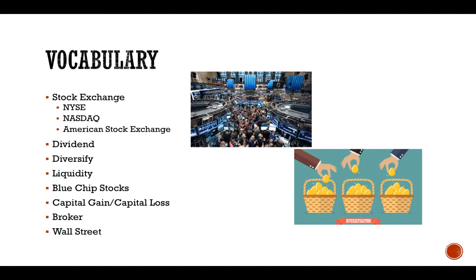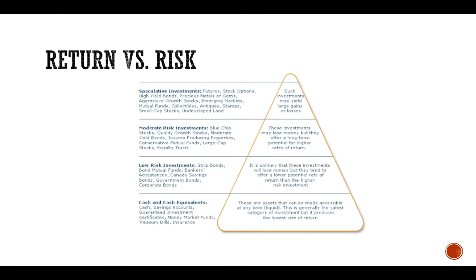You go through a stockbroker, and they're the ones that go to these markets and do that. Wall Street is just a street in New York City in the financial district where the New York Stock Exchange is and where a lot of the headquarters for your major banks and all your financial businesses mostly have offices on Wall Street.